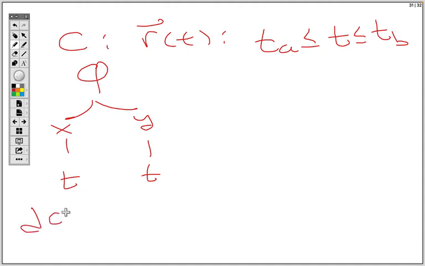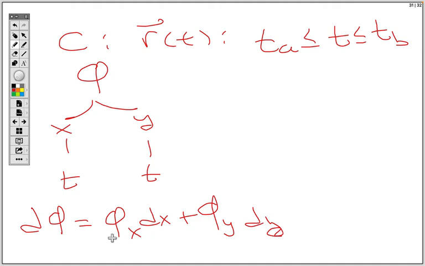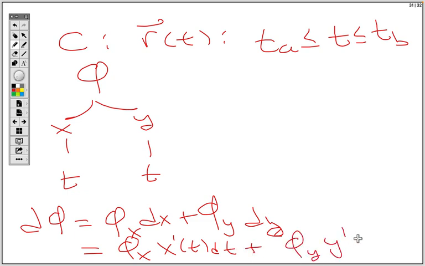You could get d phi to be phi_x dx plus phi_y dy. That's our chain rule. Phi_x times x prime of t dt plus phi_y times y prime of t dt.